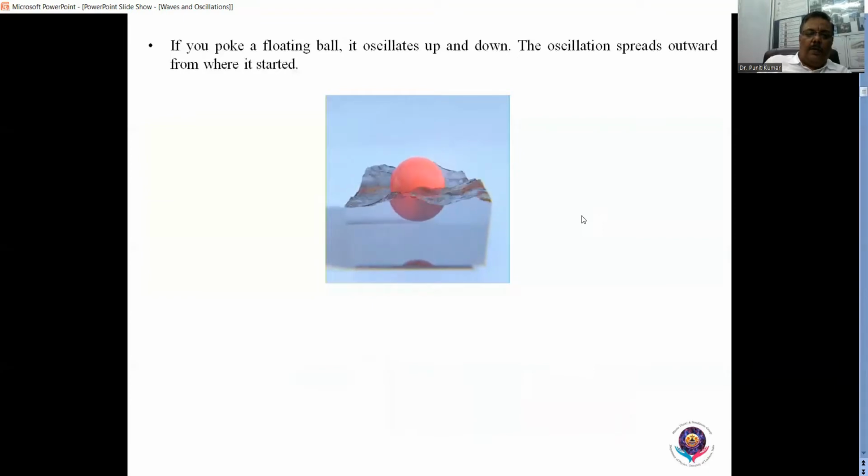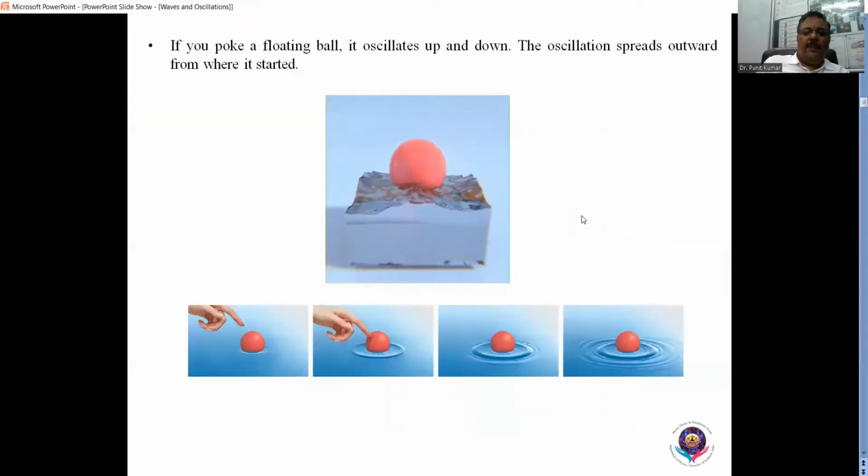If we poke a ball, just the ball is there and we disturb it, there is a motion. It starts coming up and going down at the same place. It is not going right and left. It is just coming up and going down at the same place.